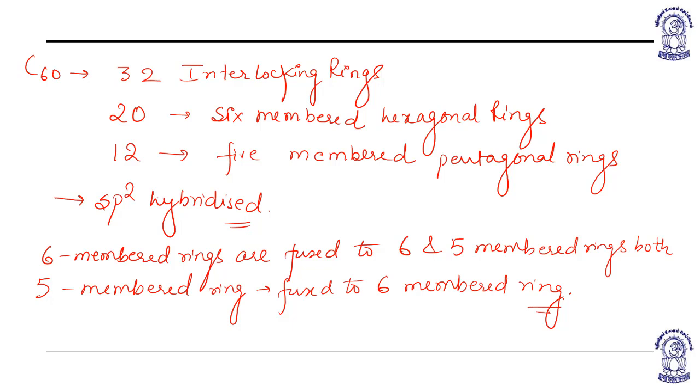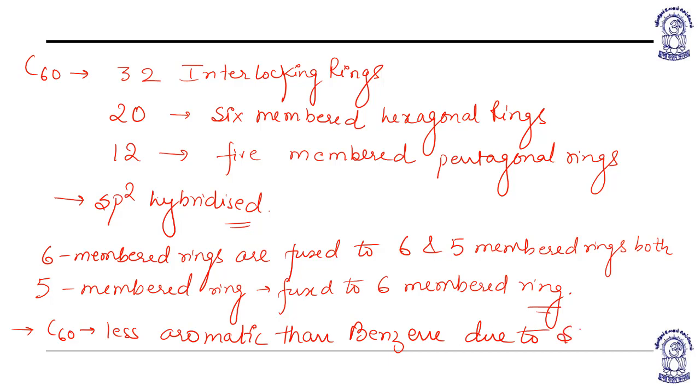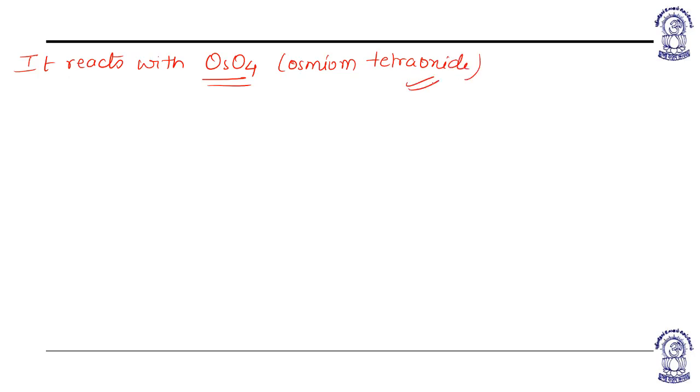Although C60 is less aromatic than benzene due to strain introduced by the curvature of the rings, it reacts with osmium tetraoxide at the bonds shared by two 6-membered rings.